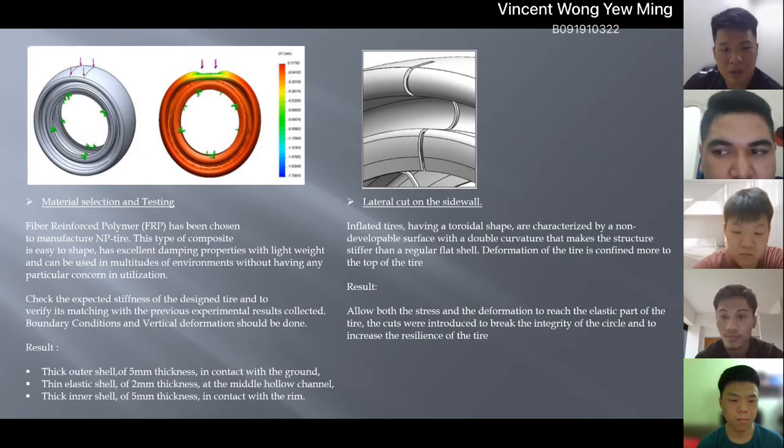This type of composite is easy to shape, has excellent damping properties with light weight, and can be used in a multitude of environments. To check the aspect stiffness of the designed tire and to verify its matching with the previous experiment results collected from the conventional pneumatic tires.